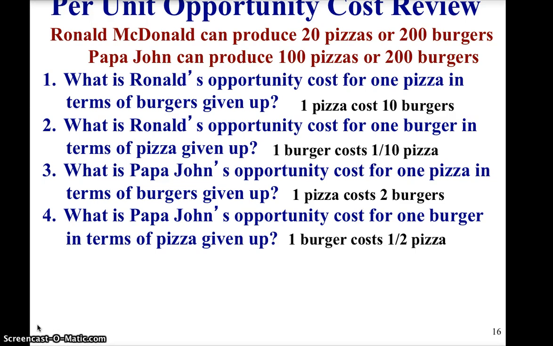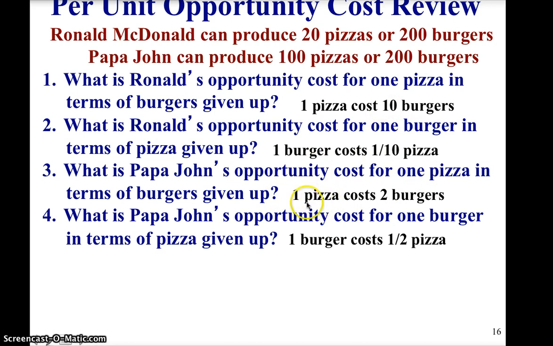So this leads to some questions. Who should produce what? Well, the person that should produce the good has a lower opportunity cost. So it's pretty simple. It looks like who should produce pizzas? Papa John gives up 2 burgers, and Ronald gives up 10 burgers every time he produces a pizza. Well, this person gives up a lot less, so they should produce the pizza.